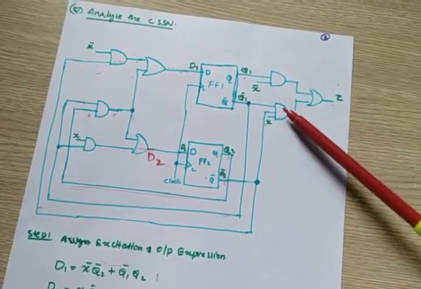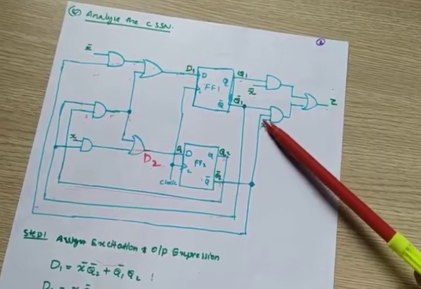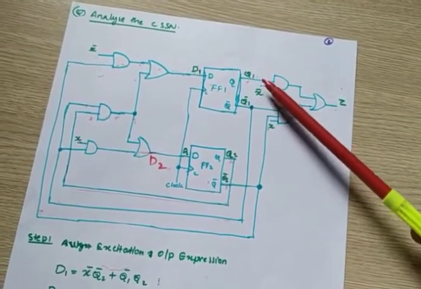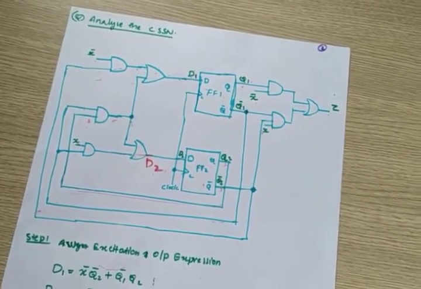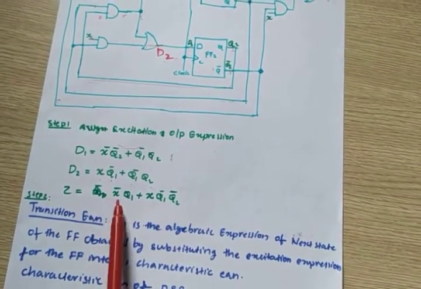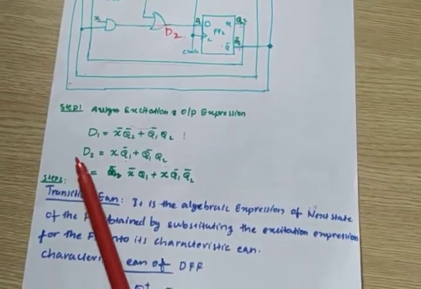Three inputs are here in the second term. So Z is equal to X bar Q1 plus Q1 bar Q2 bar X. So step 1 is over.